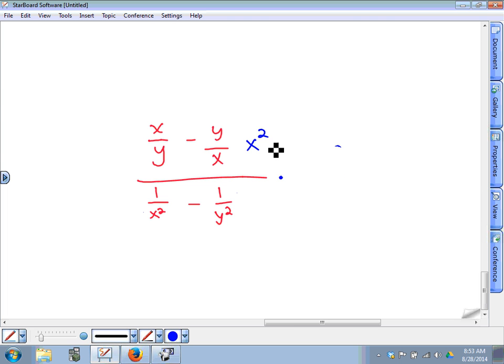I'm going to put the x squared y squared here, and put another x squared y squared there. What's going to happen when we do that?